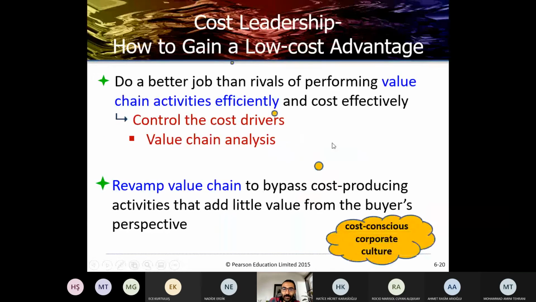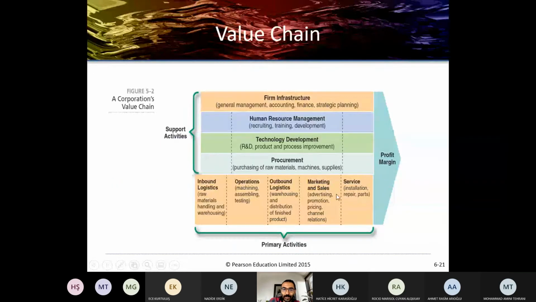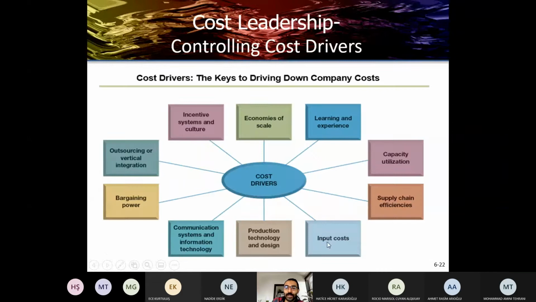We see the value chain, if you remember, right? Inbound logistics, operations, and raw materials that you buy from other suppliers. If you can reach them cheaper than your rivals, you have an advantage there.